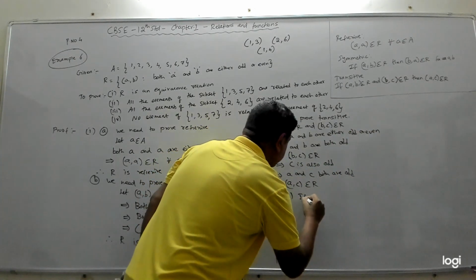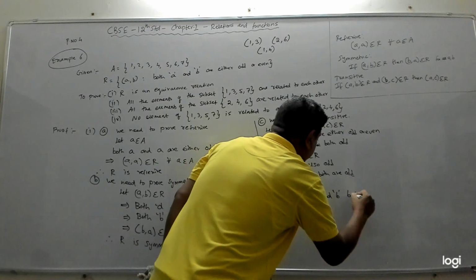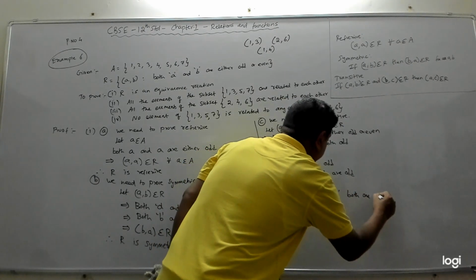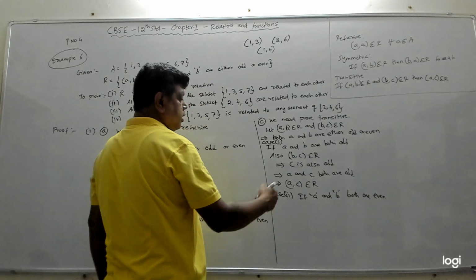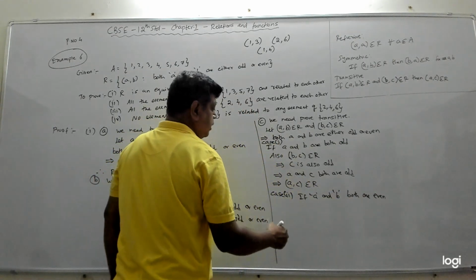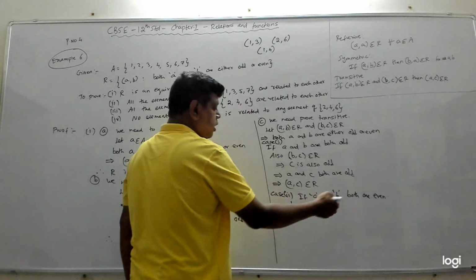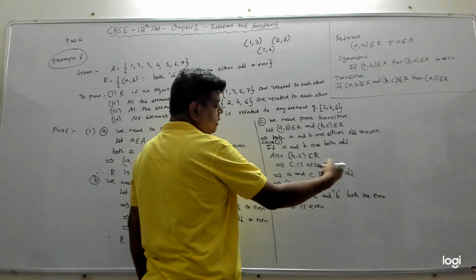If A and B both are even, case 2 of this, then B is even. A and B both are even means A is even, B is even.